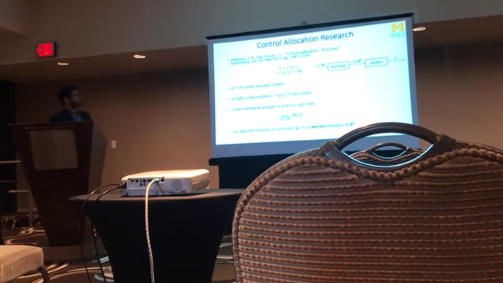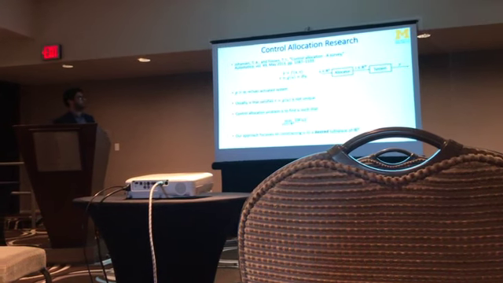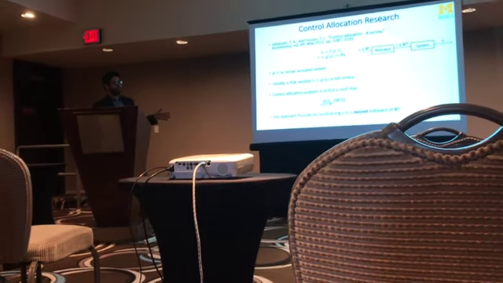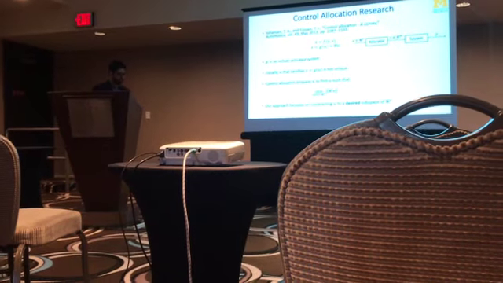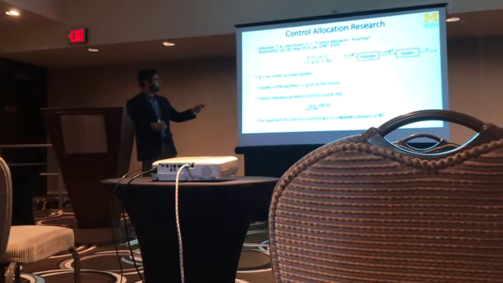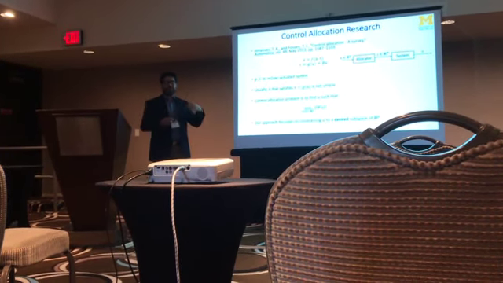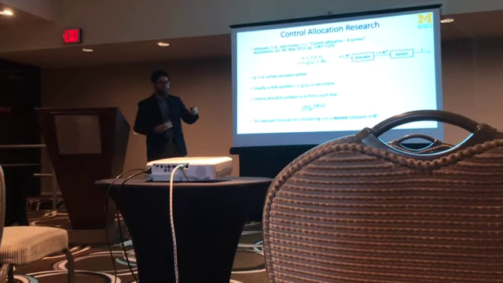There's a survey paper that gives a very broad overview of the control allocation research. Basically, the problem they are trying to solve is that they consider a system where the input is actually tau. So that's the actual input that you need in the system.